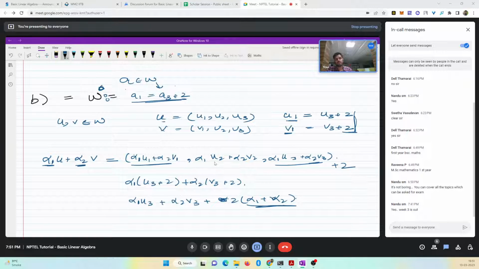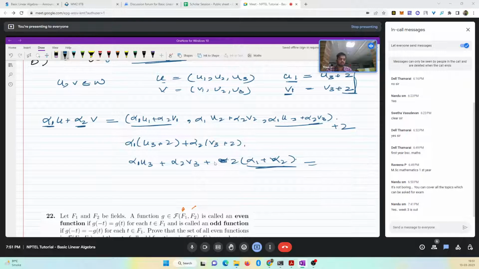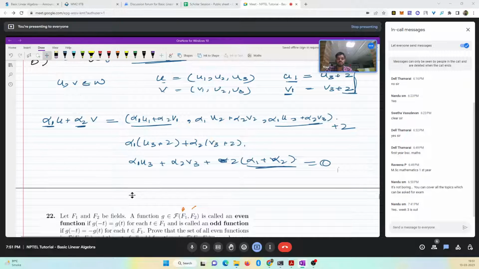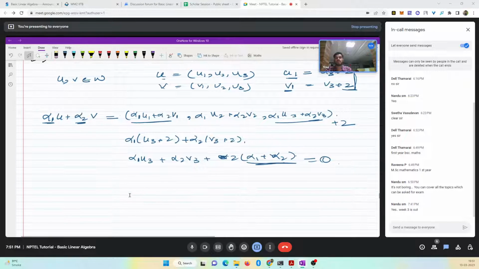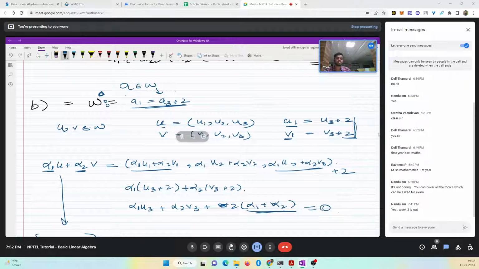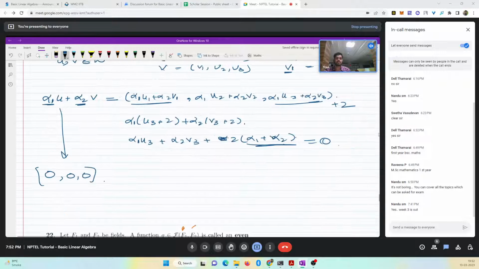So let's say you take alpha 1 and alpha 2 to be 0. Then what you obtain is the 0 matrix, this 0 vector, right? But even in the 0 vector you can see that this property is not satisfied, that your first element is the third element plus 2.